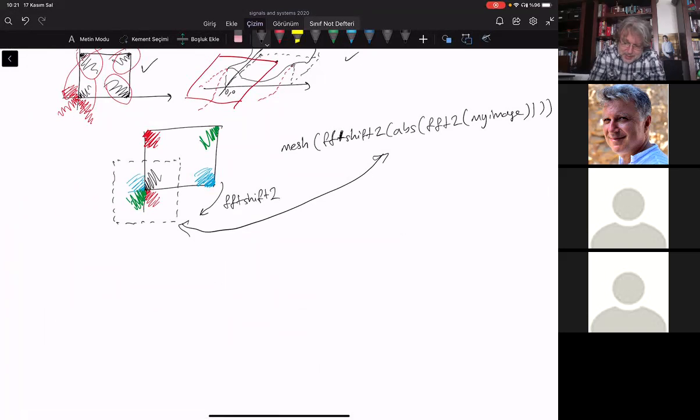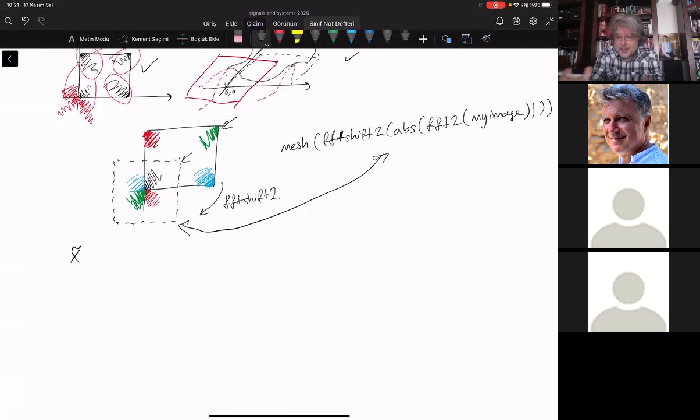So essentially, it's a periodic thing. There is a 2π periodicity, or N periodicity, going on in 2 dimensions, and you are cropping in the Fourier domain. You are cropping either from here, the solid line, or from the dashed line.